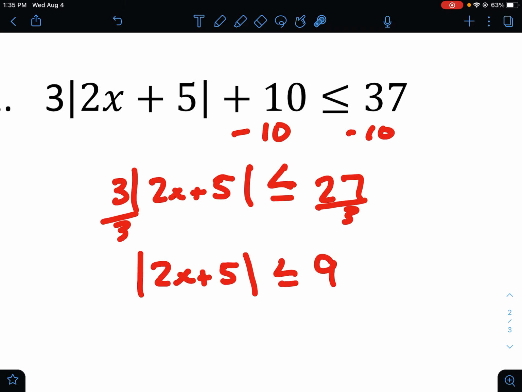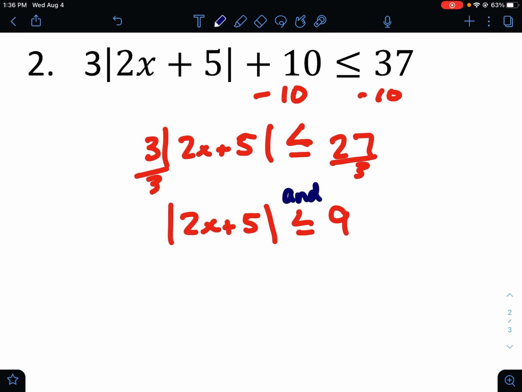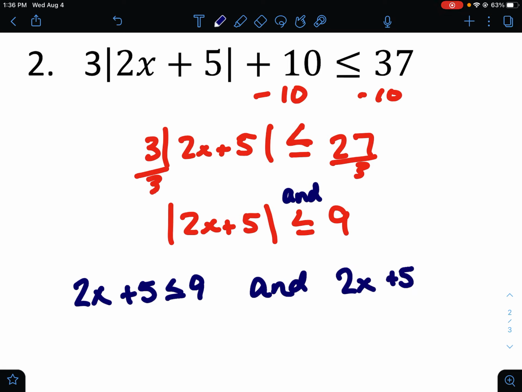So again, we look at this inequality. It is a less than, even though it's a less than or equal to, it's the same thing. This looks kind of like a C. So this is going to be an "and" one, not an "or." So when we do this, we have 2x plus 5 is less than or equal to 9, and 2x plus 5, don't forget to flip the sign when you do the negative version.